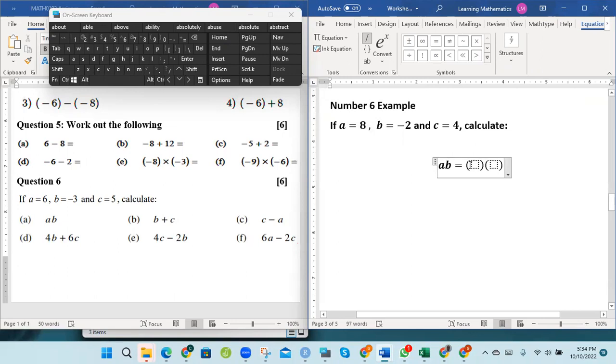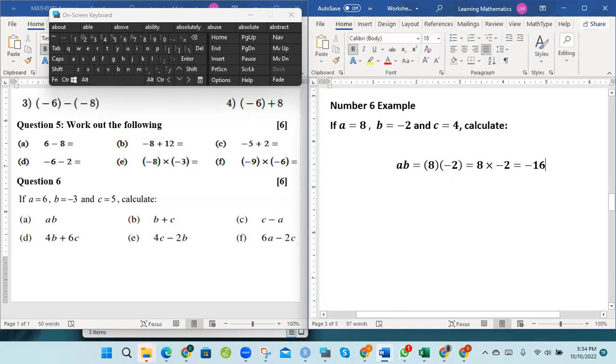What I was doing there was a little accelerated. For precaution, you can use brackets. So you convert the letters to brackets and you substitute the values inside the brackets. So you substitute 8 here and you substitute negative 2 here. So that's actually 8 times negative 2. You can do your answer one time, or you can actually show 8 times negative 2. But if you put your negative 16, that's okay. You don't have to put that step. We all know this is 8 times negative 2, so you can put your negative 16.